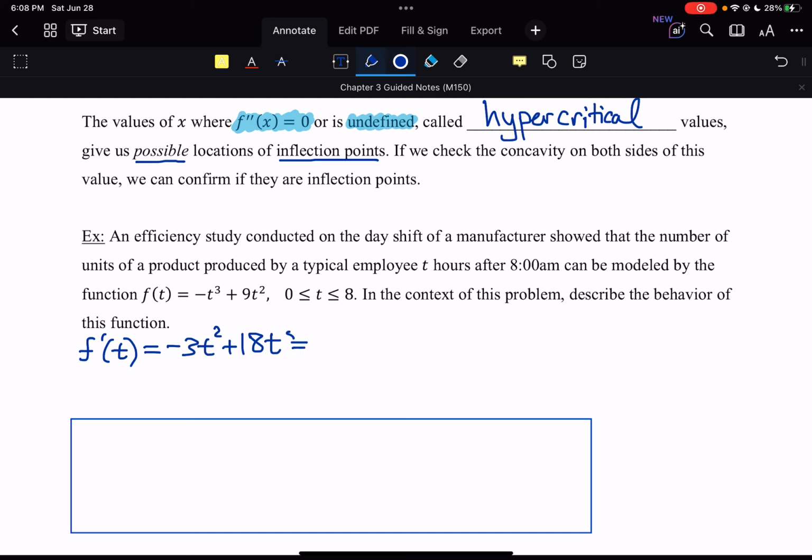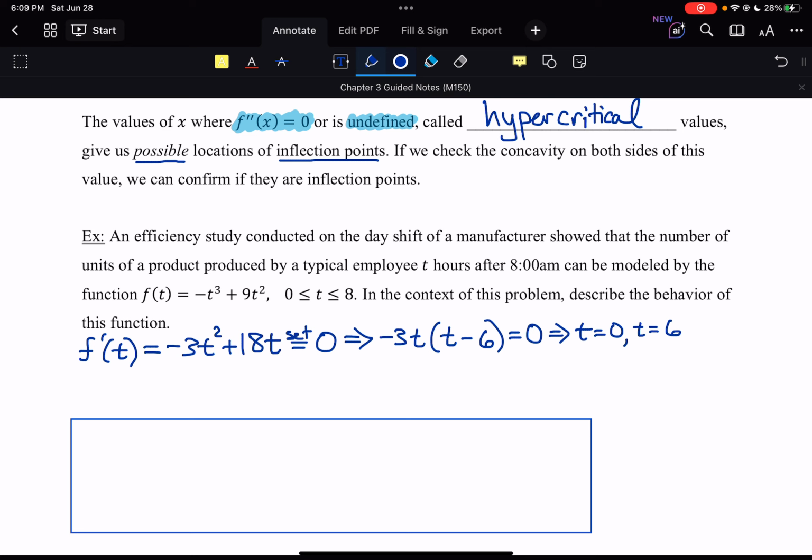We're going to set that equal to 0 and solve this. So we can pull out a negative 3t. That leaves us with a t minus 6. So we get t equals 0 or t equals 6.